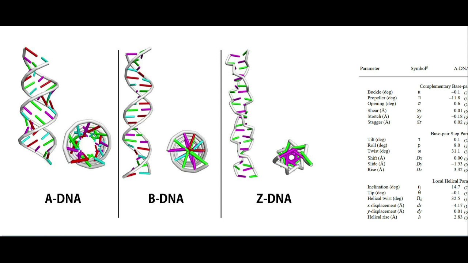And so we see there's this A conformation which has a very different geometry. You can see that these things are highly angled, and we have different sizes of our grooves here.